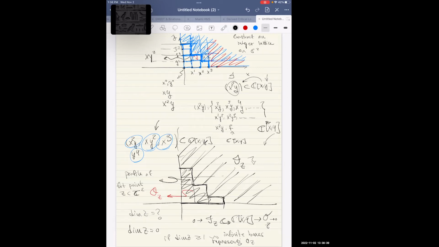Yeah. Perfect. So as soon as you fix an ideal inside an ambient polynomial ring, that choice of ideal, in the situation where the polynomial ring is being acted on by the torus, gives you a Z lattice, an integer lattice, or Z squared lattice, or Z cubed lattice, depending on the dimension of the ambient space.